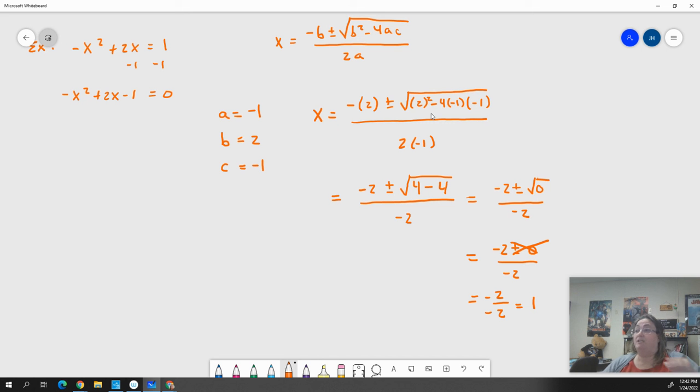That is the solution. Does anyone remember what we talked about when we were talking about how sometimes you'd only have one solution? And I told you what it represented at one point. I know it's kind of a stretch to remember that one. Does anyone remember what it would look like on a graph?